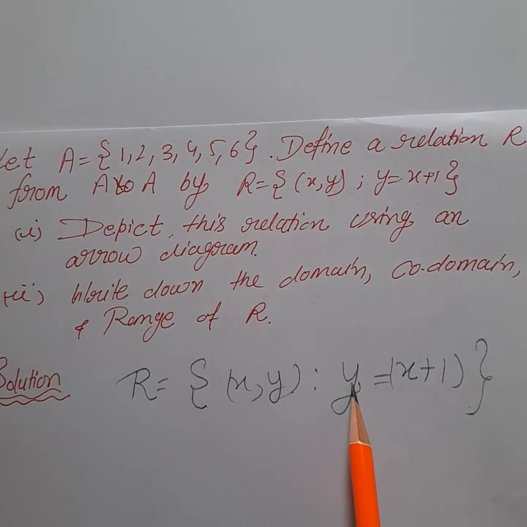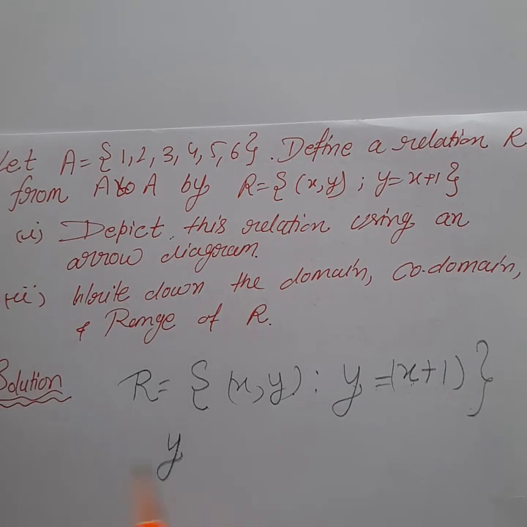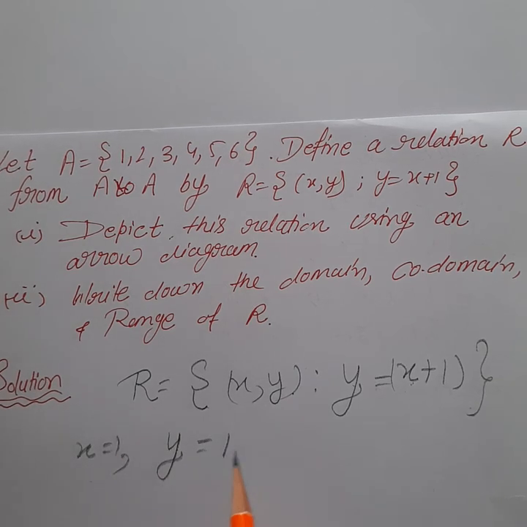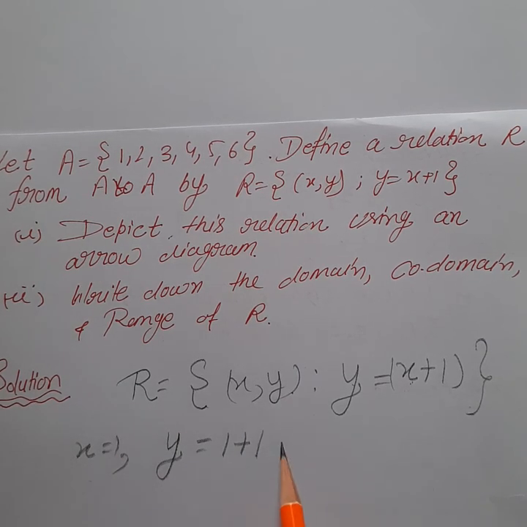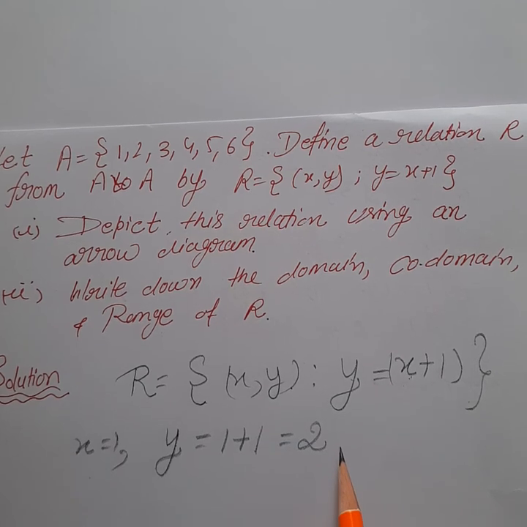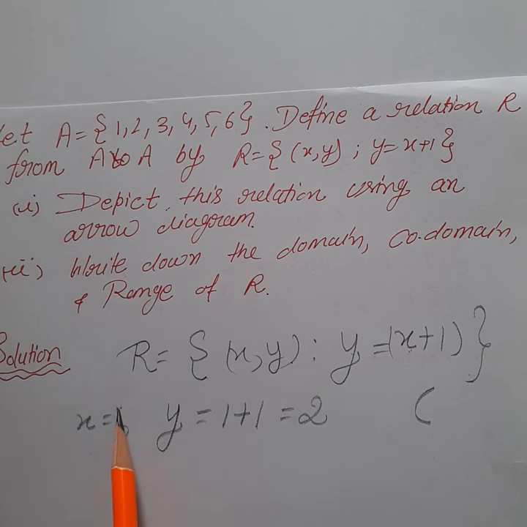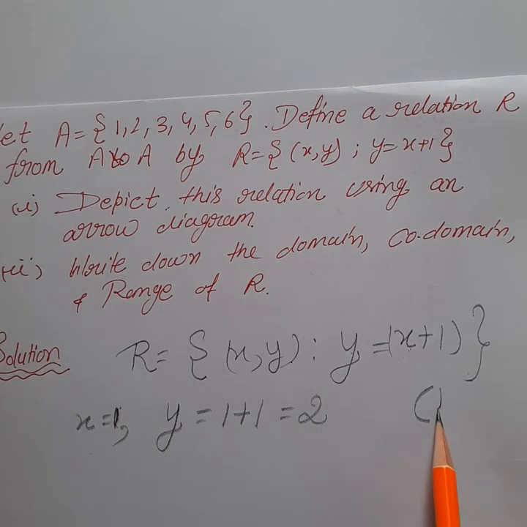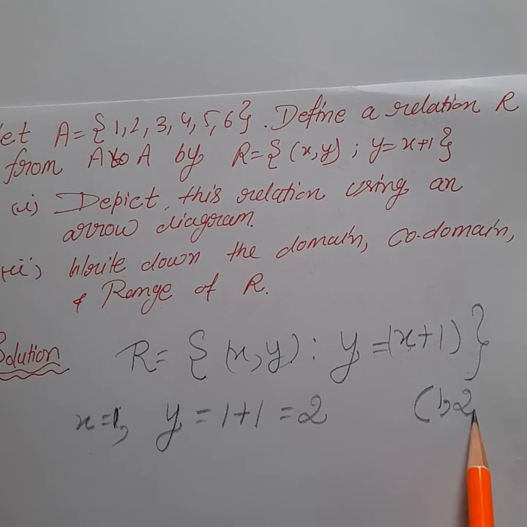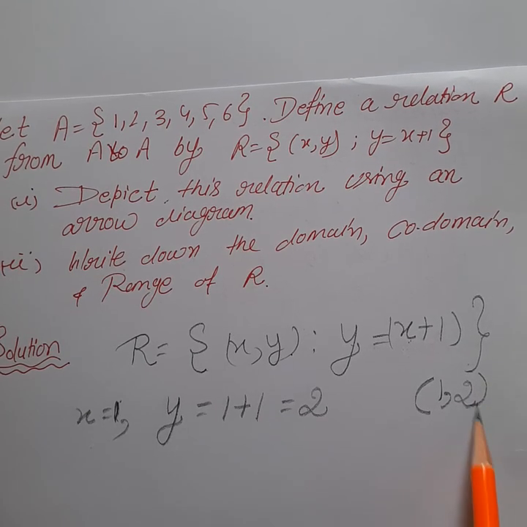To find the numerical values of x and y, first we put x = 1. If we put x = 1, then we get 1 + 1 = 2. So the first pair is (1, 2): the value of x is 1 and the value of y is 2.